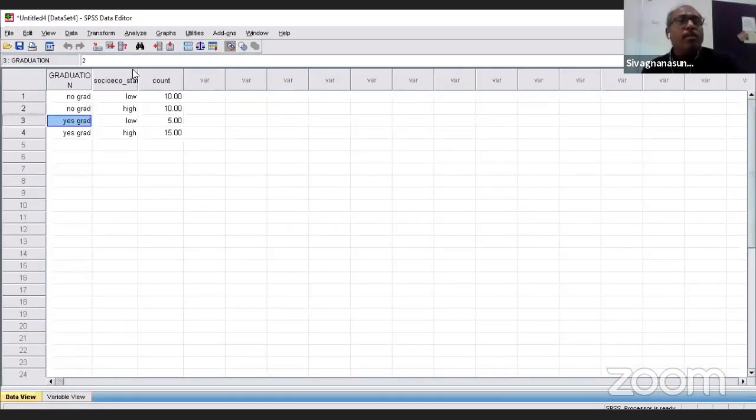So no grad, low economic status is 10. No graduation, high economic status. What do I have in the question? No graduate, low economic status, low high should be 5.